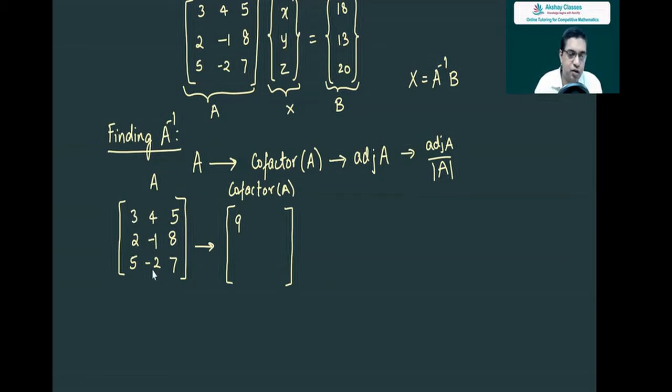Eliminate the first row, second column. Then you're left with 2, 8, 5, 7. 2 into 7, 14, minus 40, that is minus 26, with a minus sign. Cofactor is minus 1 to the power i plus j into minor. So minor is 14 minus 40, that is minus 26.